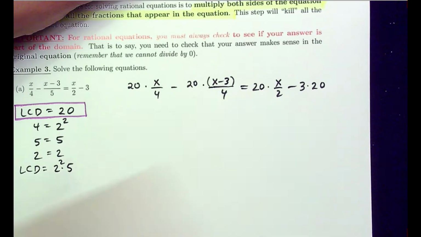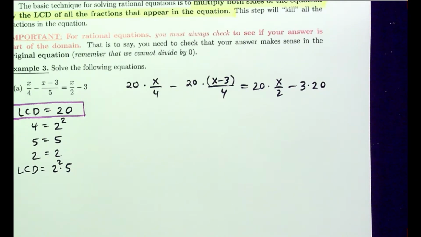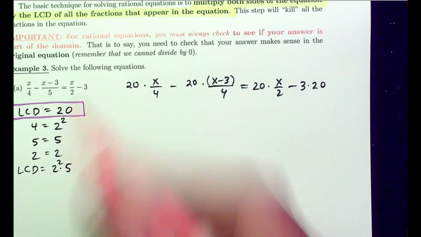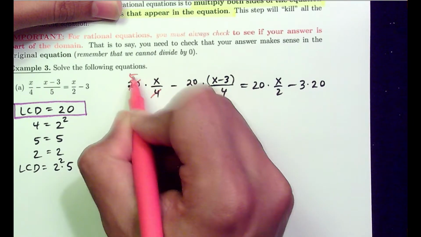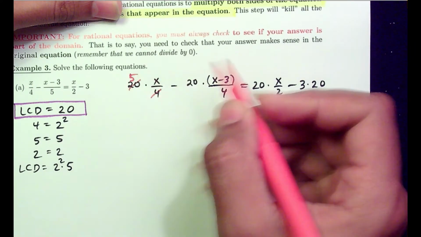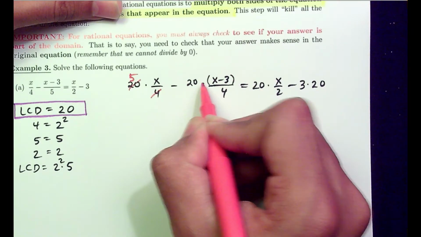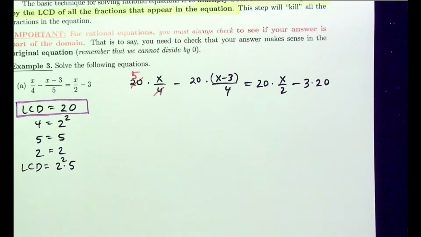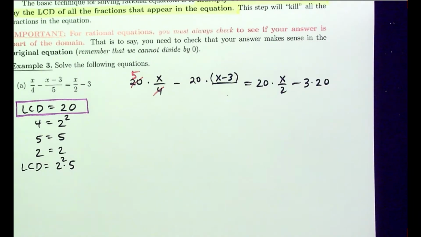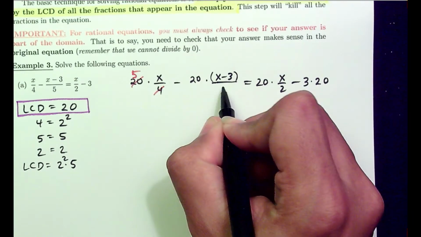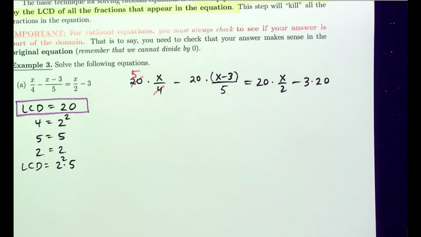All right, so now let's simplify this. If you cancel 20 divided by 4, that's going to be a 5. Oh, that should have been a 5. That's a typo. That's a mistake. I copied that wrong. Okay, that's a 5. Good.